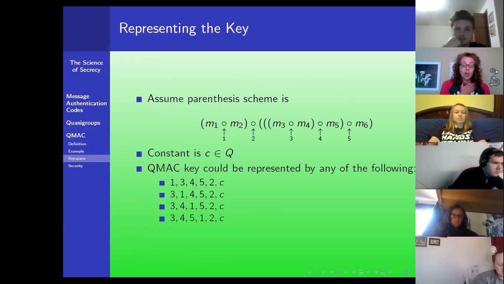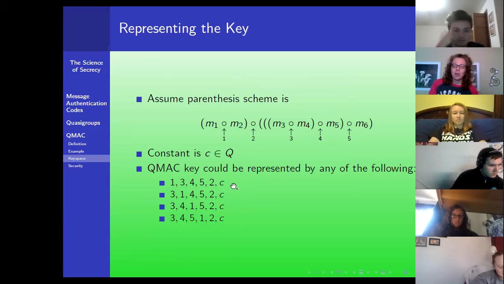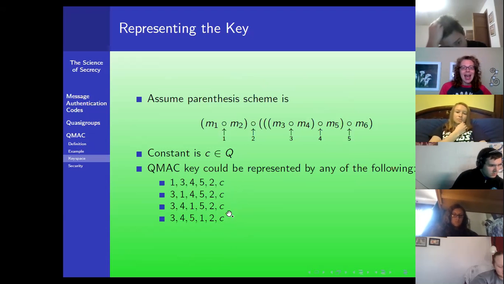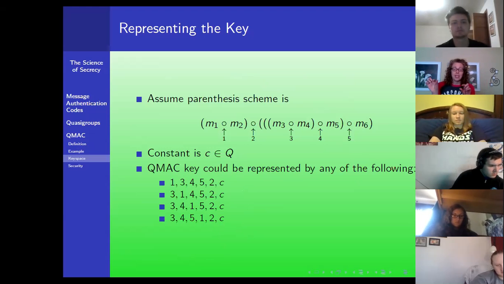Okay, so if you're talking about the size of the key space, this makes life a little more complicated, because we can't just say n factorial for the number of keys, right? All of these keys, they're different if you look at the order that the numbers appear, but they're the same key.